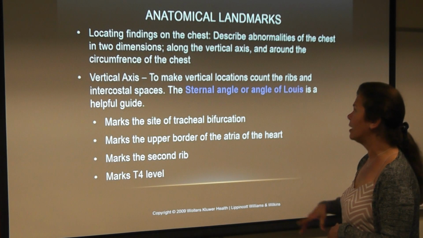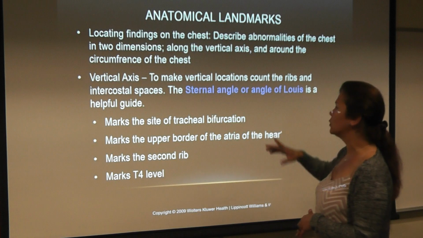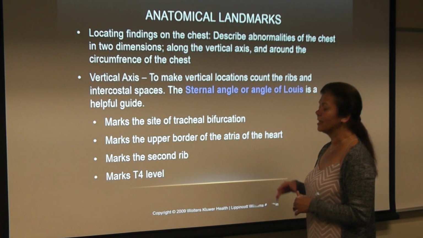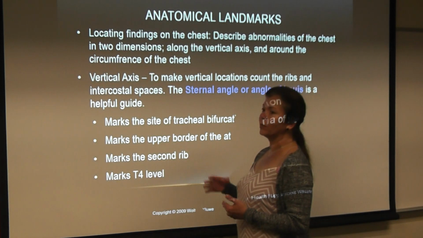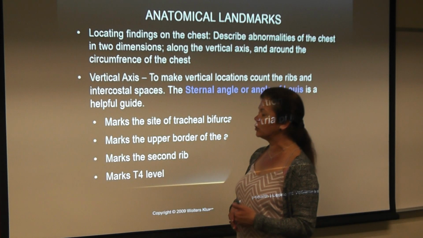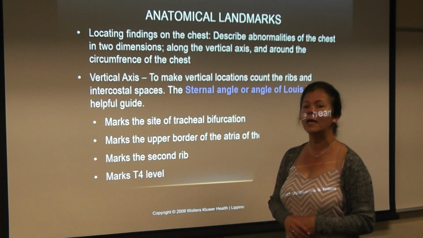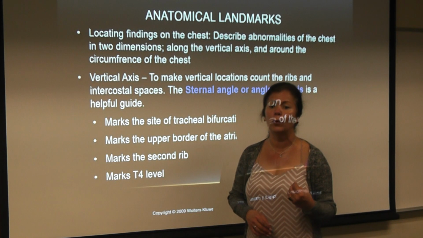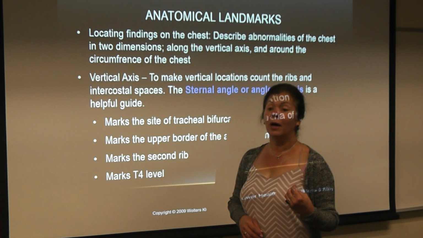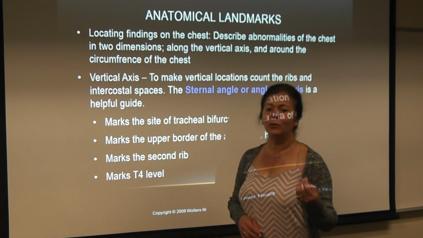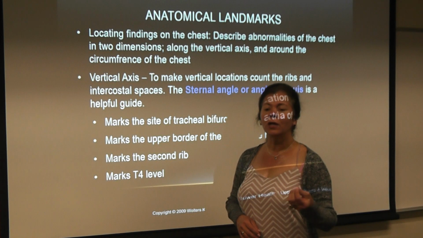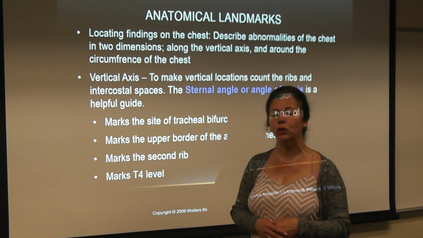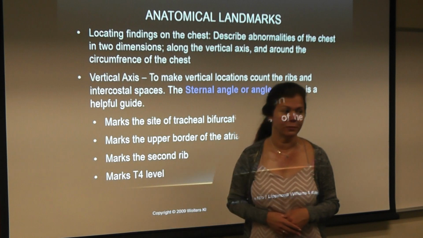In addition, the sternal angle of Lewis is also the upper border of the atria of the heart, and as I said, is located at the level of the second rib or second intercostal space, and also marks T4, which is the initiation of, or entrance or the root of, both oblique and horizontal fissures of the right lung.